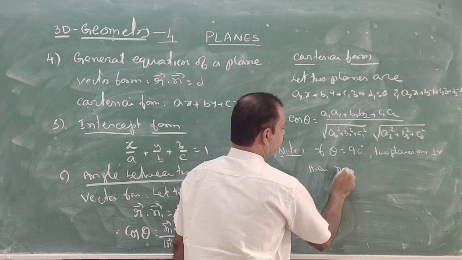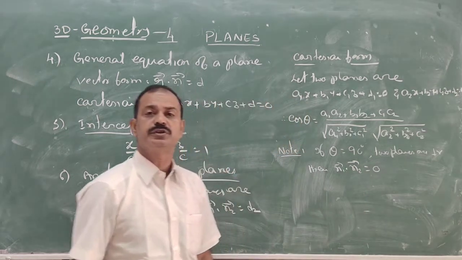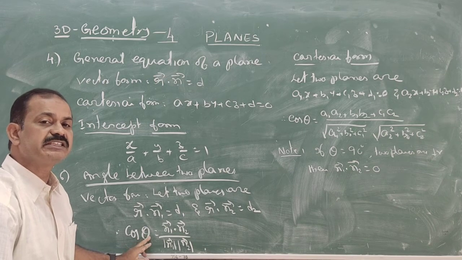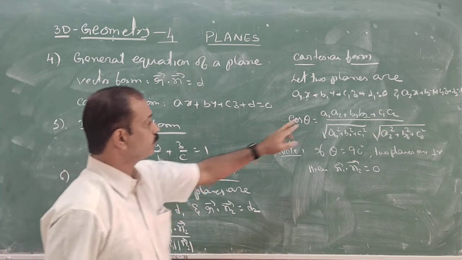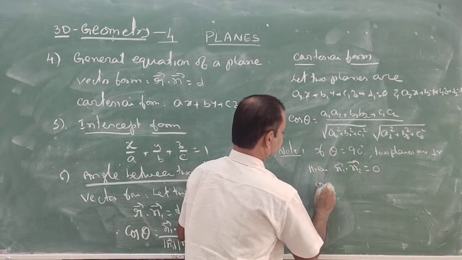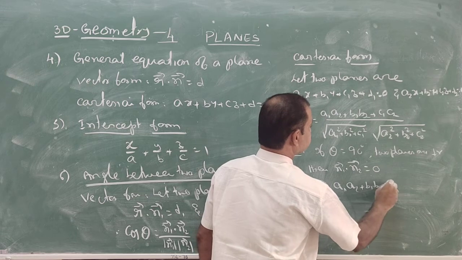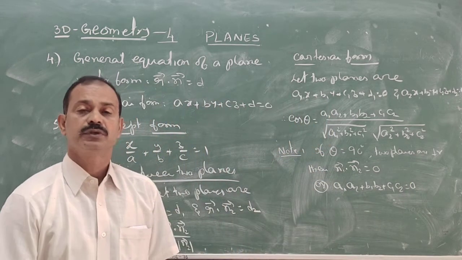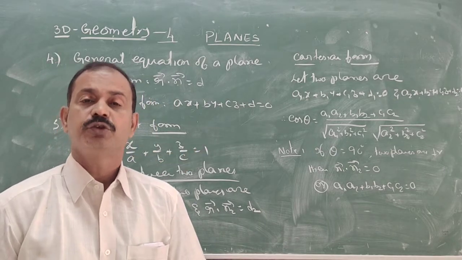Then n1 dot n2 is equal to 0. Am I right? Cos 90 is 0. Therefore, n1 dot n2 is equal to 0, or a1 a2 plus b1 b2 plus c1 c2 is equal to 0. So this is about the angle between two planes.